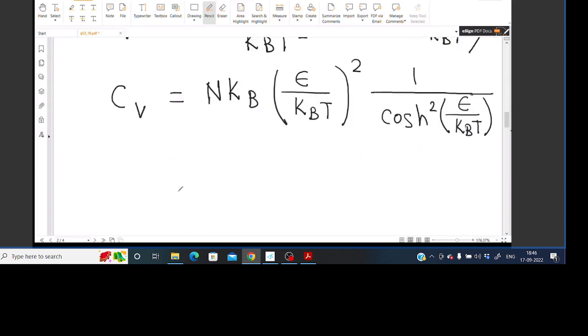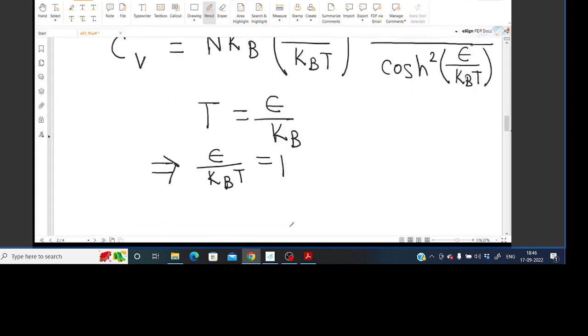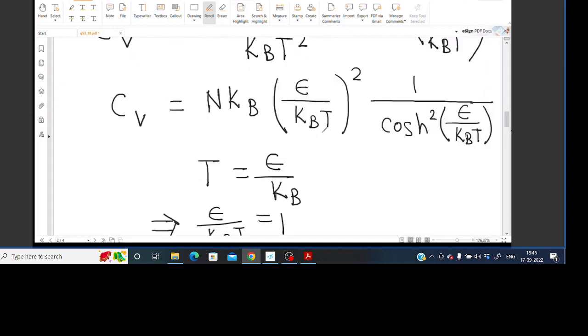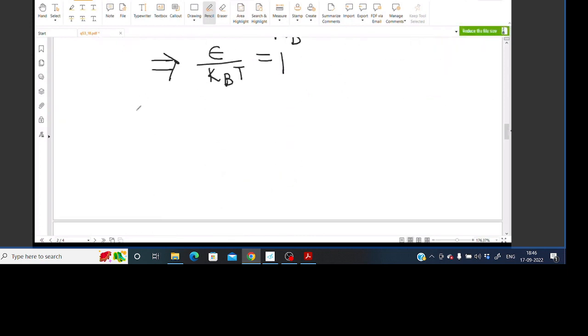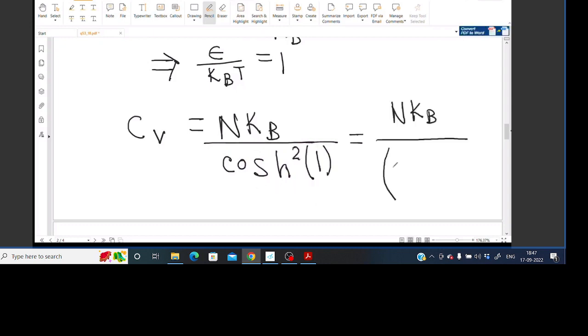Now we need to find out the specific heat at T equal to epsilon by kB. At this temperature we have epsilon by kBT equal to 1. We replace epsilon by kBT by 1 in this expression. Then we get Cv equal to n kB by cosh square 1. Cosh 1 is equal to e to the power 1 plus e to the power minus 1 by 2.